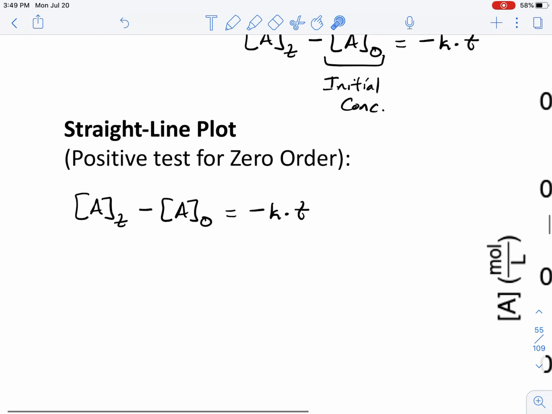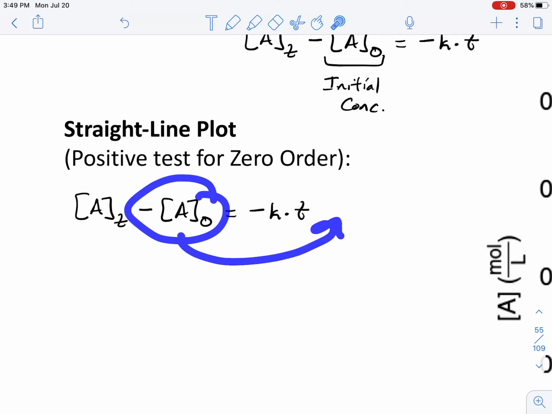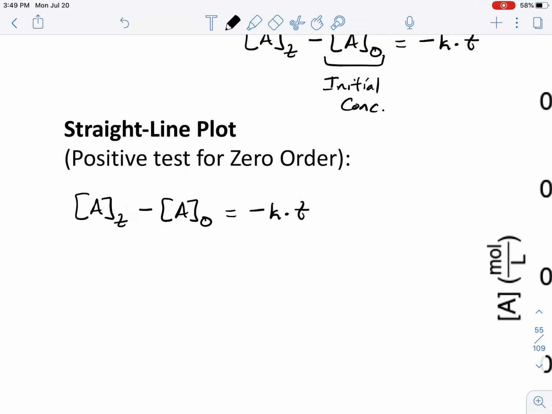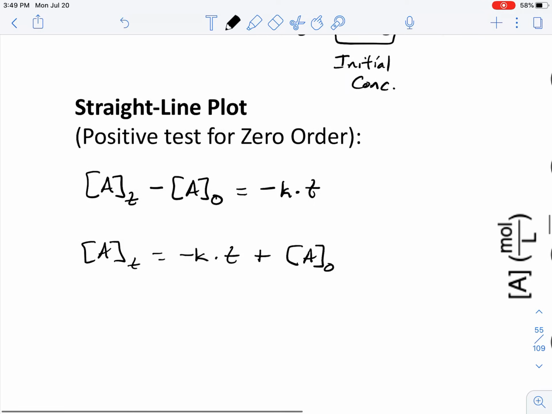So if I wanted to test whether or not my chemical reaction is undergoing zero order, I'm going to quickly move this to the other side. So I have the concentration of A sub t is equal to negative k times t plus the initial concentration of the reactant. That's what A sub 0 represents.